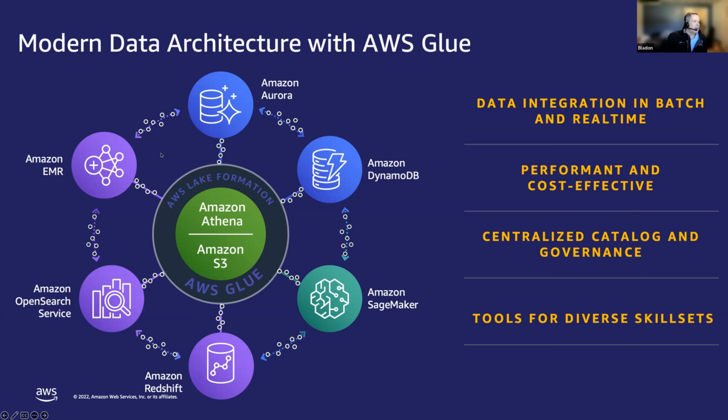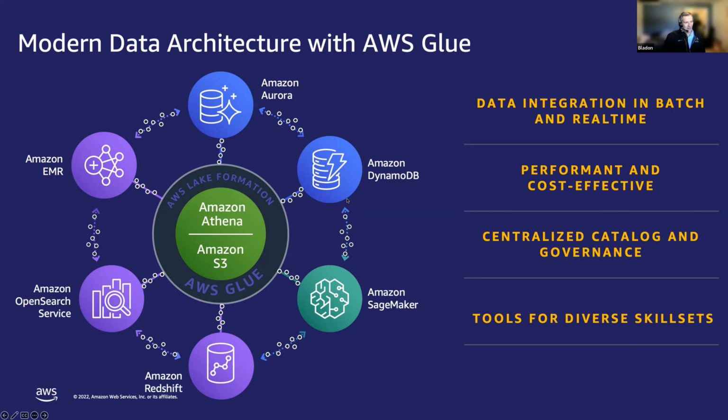So here we're showing EMR. You can move the data into Aurora, RDS, DynamoDB, Redshift, and in the lower right here, you can train and run machine learning models as well. You're also seeing here in this data lake architecture, not only can data be pulled from your data lake in the middle, but it can also move around the outside.